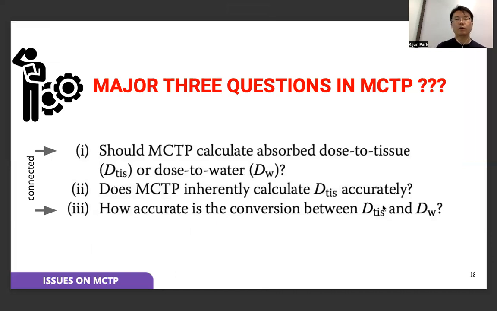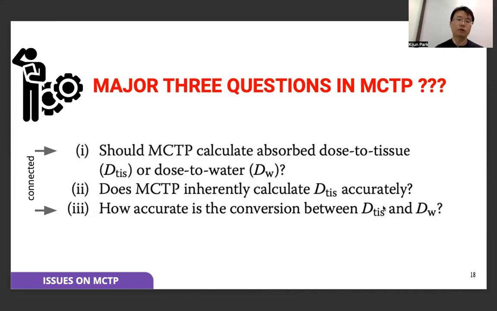One issue or question, the major question in terms of molecular treatment planning systems: people argue there are basically two arguments, because 1 and 3 are connected. The first is whether the Monte Carlo treatment planning calculation should report dose to tissue or dose to water, and if so, how accurate the conversion between the two calculations is.